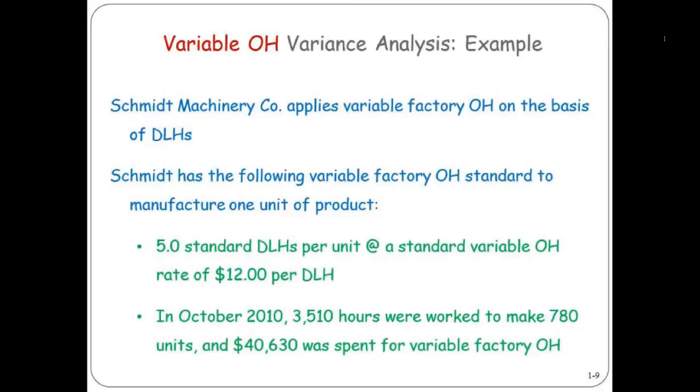So your standard overhead rate is $60 per unit. You have actuals, $35.10 in hours, and you made the 780 rather than the 1,000 we thought we were going to make. And our total actual variable overhead for the month was $40,630.